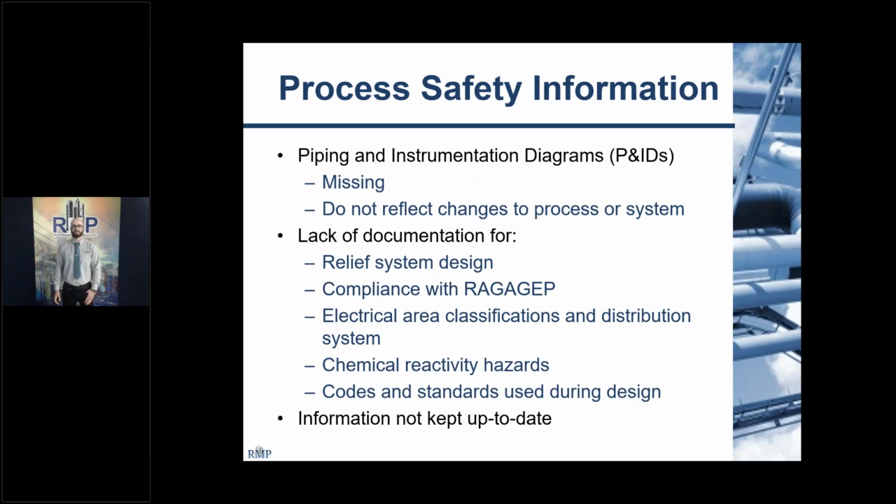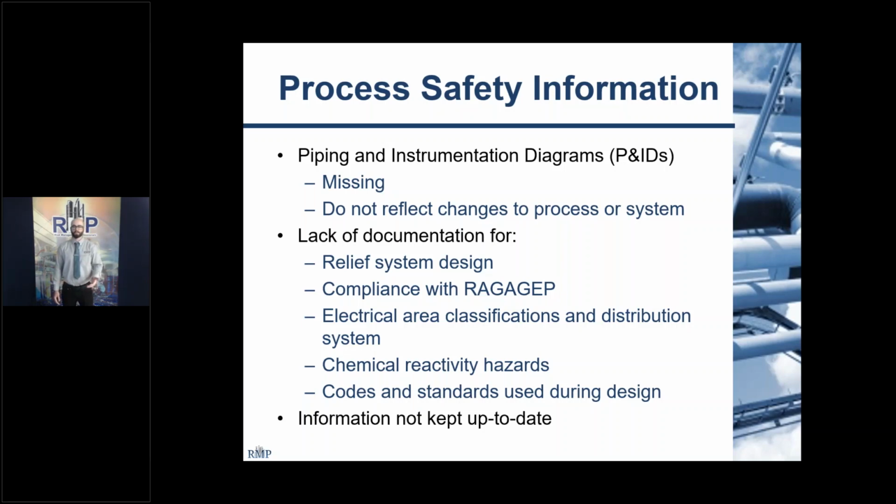And so for process safety information, the key information to keep track of is your piping and instrument diagrams. If they're missing or if they do not reflect changes to the process, it can make your PHA really difficult.